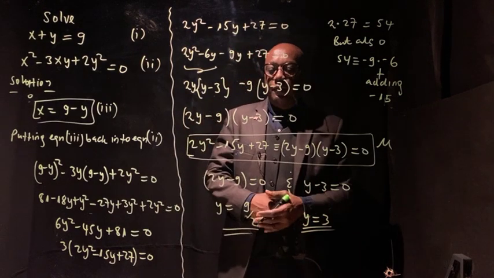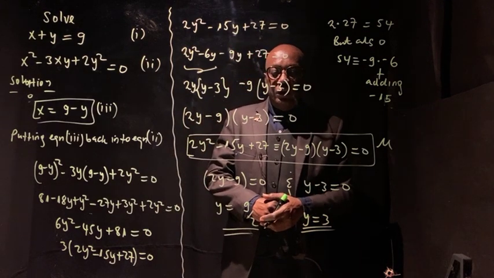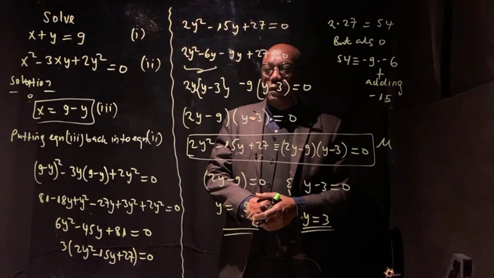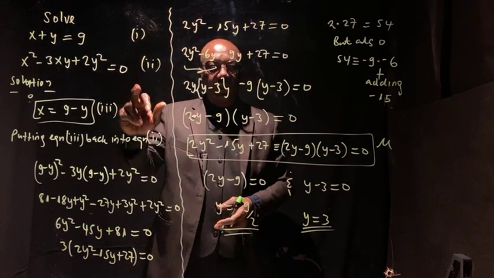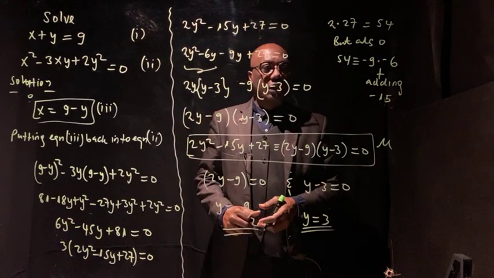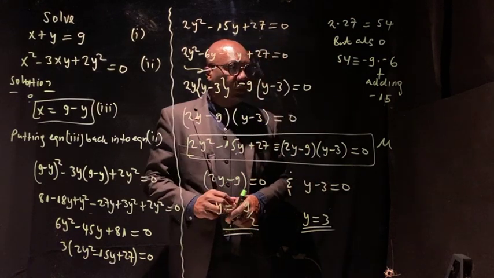These results are the y values of intercept when both this one and this one intersect. These are the y values. So how can we find the x values?